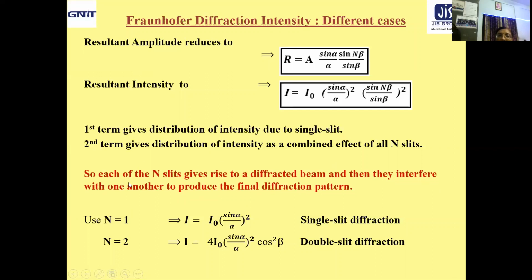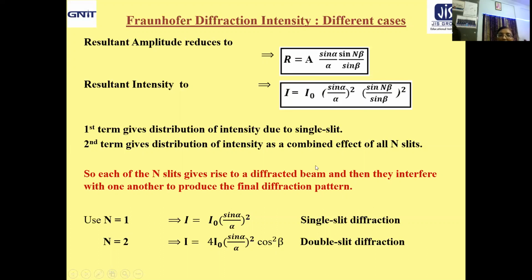That means each of the n slits gives rise to a diffracted beam, and then they interfere or superpose with one another to produce the final diffraction pattern. So individually they produce the diffracted beams, then these diffracted beams superpose or combine or interfere to produce the final diffraction pattern.